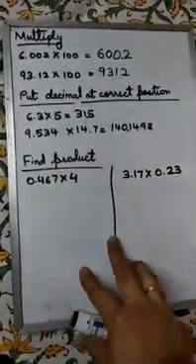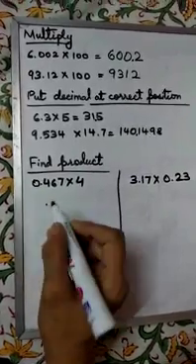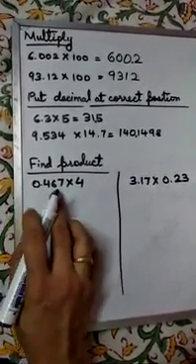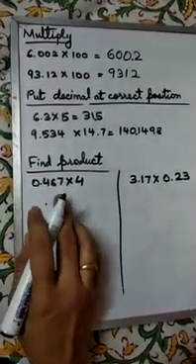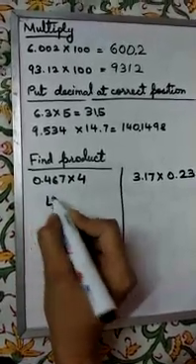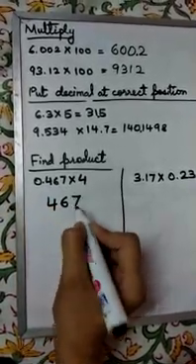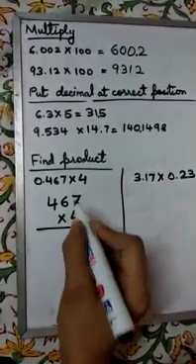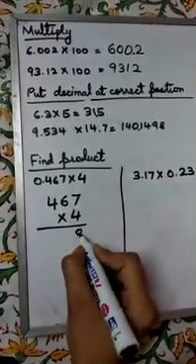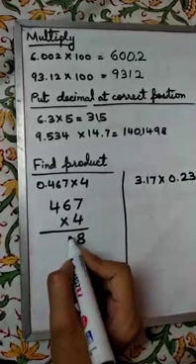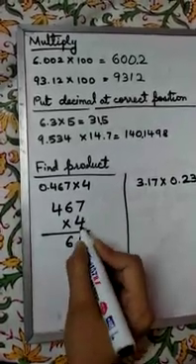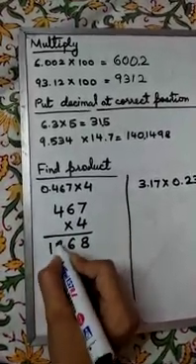Find product. So in finding the product, we are going to forget that we have a decimal number. So without decimal, this number will be 467 and the multiplier is 4. Let us multiply. 4 7s are 28, carry 2. 4 6s are 24, 24 plus 2 is 26, carry 2. 4 4s are 16, 16 plus 2 is 18.